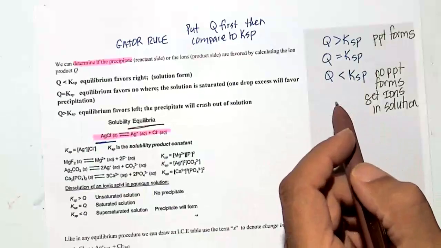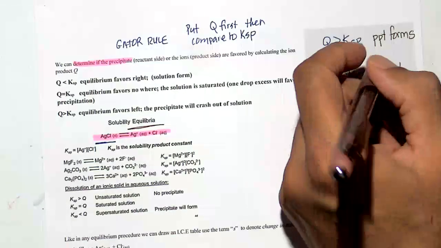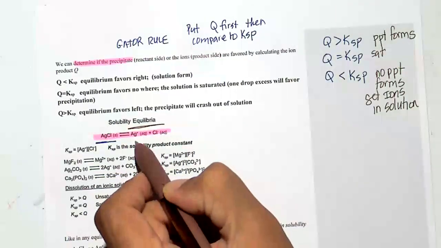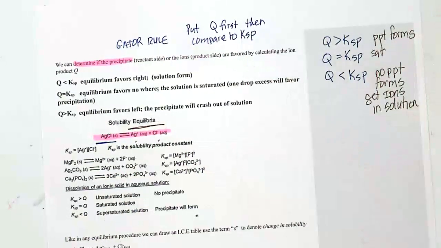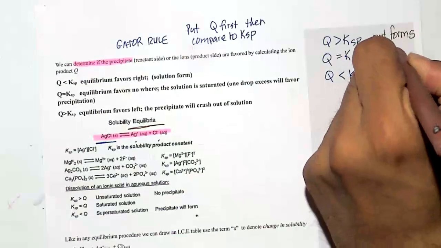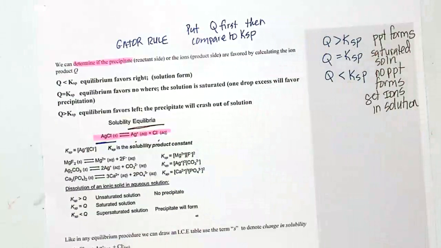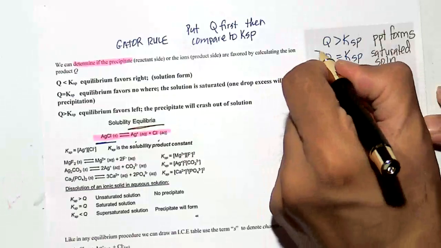What happens if Q is equal to KSP? Neither happens. We call this a saturated solution. One drop of Ag plus or one drop of Cl minus would cause the precipitate to form. So this is called a saturated solution. Those are the three scenarios that could emerge.